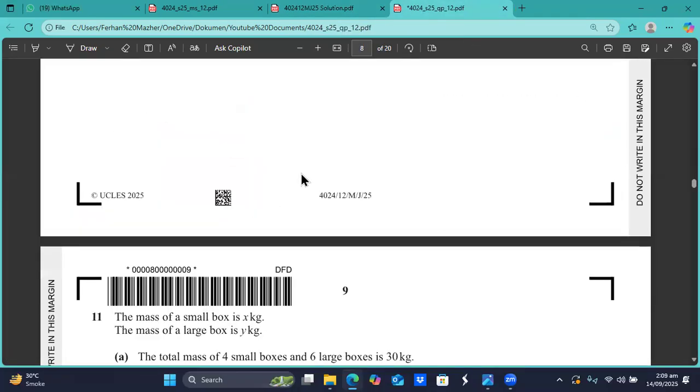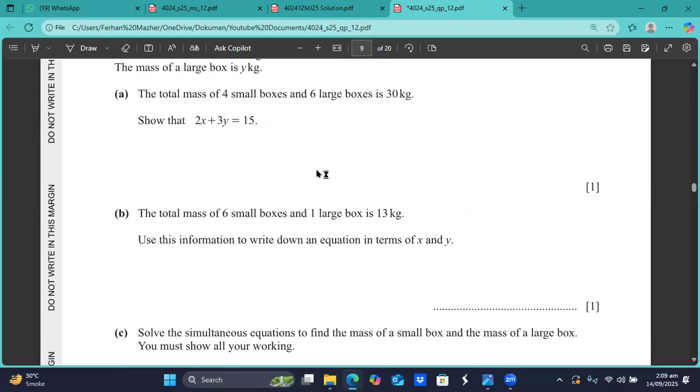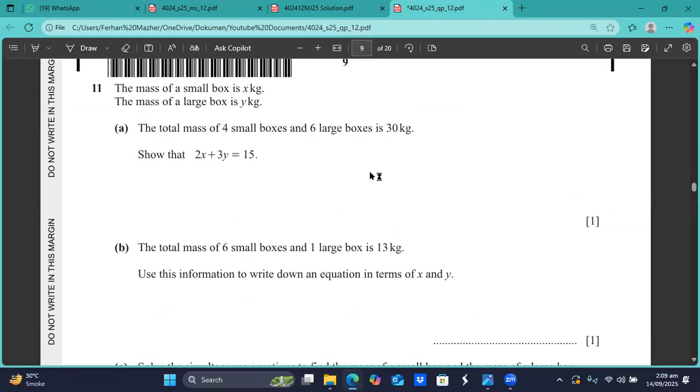Okay, so now we are going to the next question, which is question number 11. He says the mass of a small box is x kg. The mass of a large box is y kg. The total mass of 4 small boxes and 6 large boxes is 30 kg. Show that.